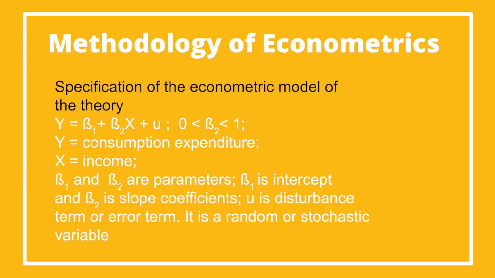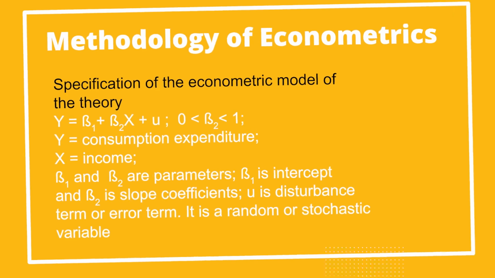But apart from income, there are innumerable factors which can influence the level of consumption expenditure, which cannot be captured in the study. So those factors will be basically distributed within the error term, which is U. This error term is a disturbance term, or a stochastic term, and thereby it also has a very important role in explaining the dynamics between y and x.